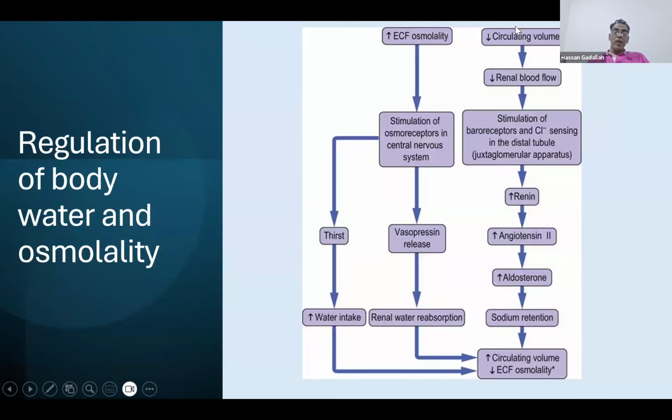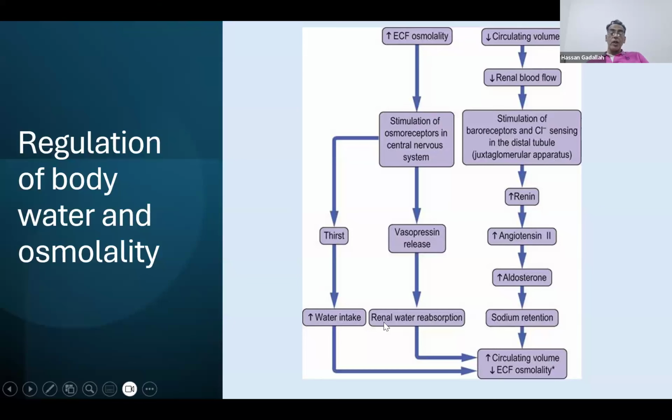As I explained by the example of salty foods, when we take these salty foods, this is going to lead to increased extracellular fluid osmolality, and this is going to stimulate the thirst, leading to water intake, and leading to ADH or vasopressin release, which is going to increase renal water reabsorption.